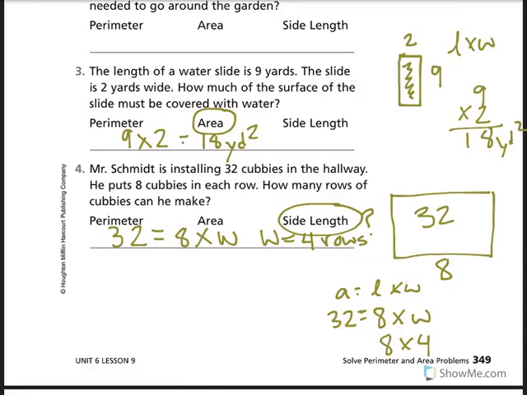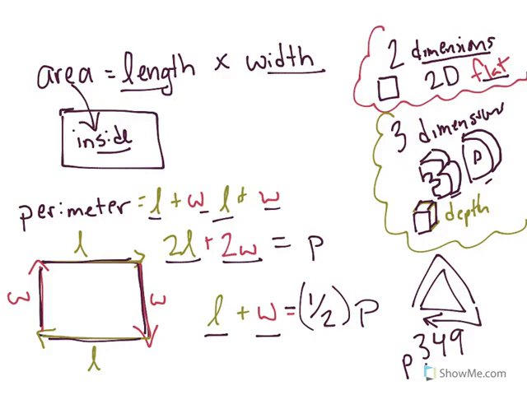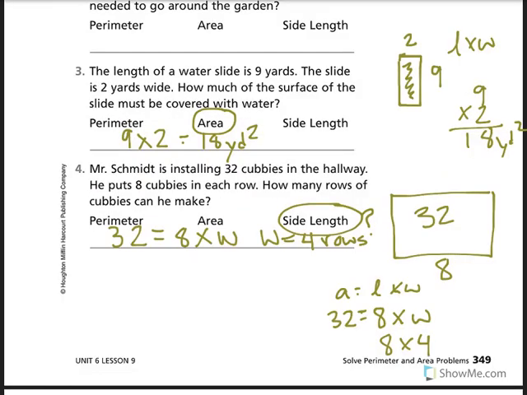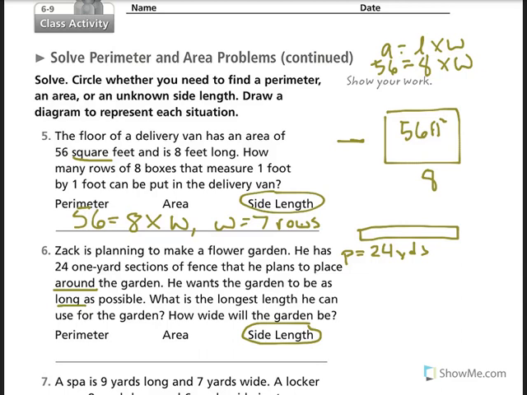Now, if we go back to our formula, we remember that 2 length plus 2 width equals perimeter, or 1 length plus 1 width is half the perimeter. So first I'm going to figure out what is half of 24. And that is 12.